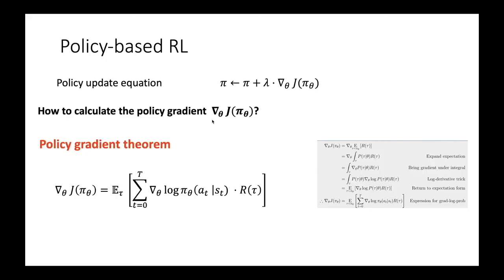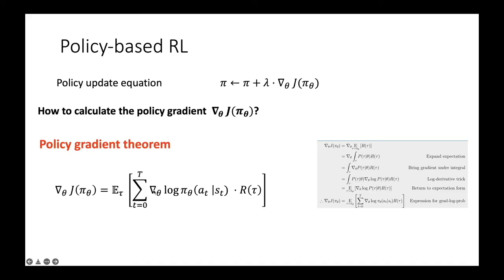This is where the policy gradient theorem comes in. I'll not go through the derivation of the theorem, though it's not super hard to follow. It is present in the slides, and you can take a look at it offline. But the idea is that you can manipulate the terms and bring this gradient inside the expectation term.